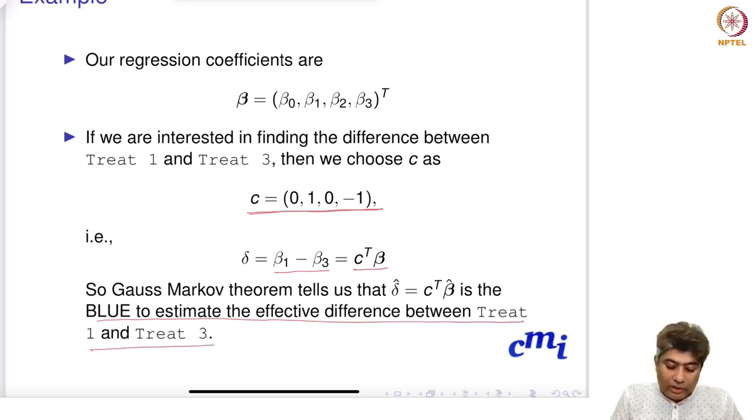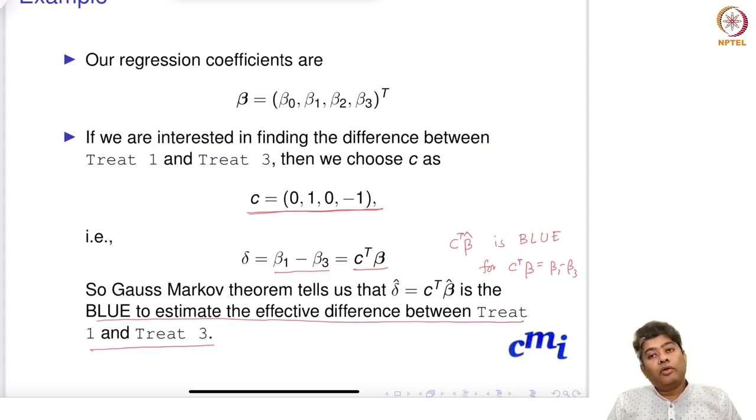So C transpose beta hat is the best linear unbiased estimator for C transpose beta, which is beta 1 minus beta 3 in my case. There are these very nice things you can do using the Gauss Markov theorem.